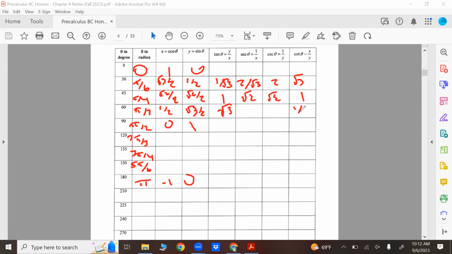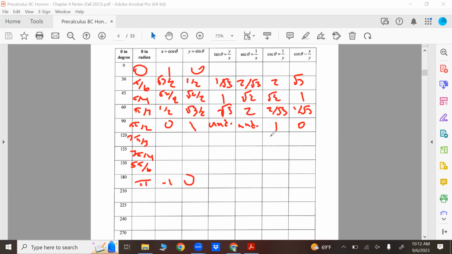But then that would be 1 over root 3. And that would be 2 and 2 over root 3. Tangent here is undefined, and secant's also going to be undefined. Cosecant will still be 1, and cotangent will be 0. And then you just kind of reverse things.